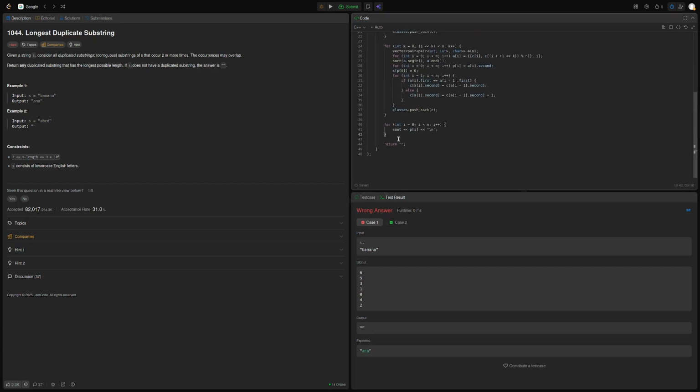So if I compare equivalence classes, so I keep the equivalence classes.